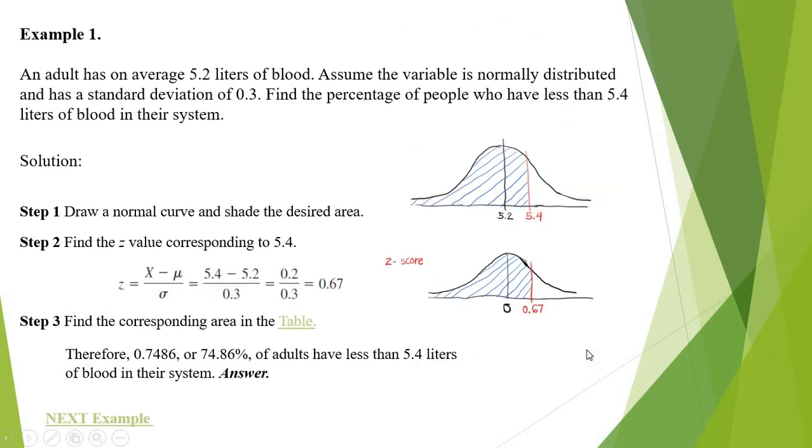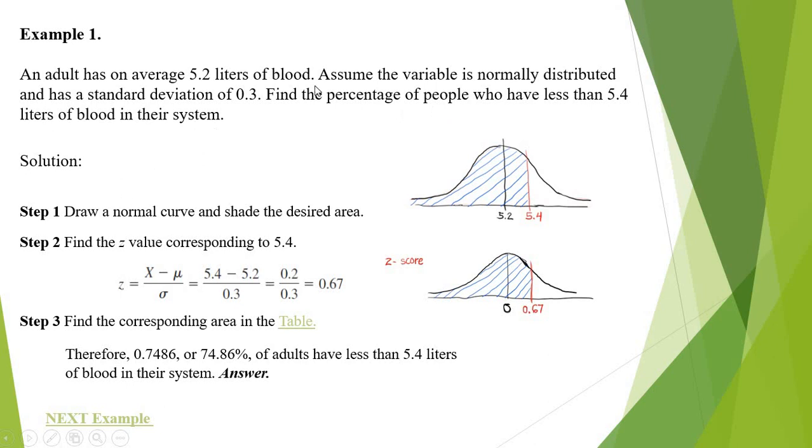Okay? So let us have an illustrative example. An adult has on average 5.2 liters of blood. Assume the variable is normally distributed and has a standard deviation of 0.3. Find the percentage of people who have less than 5.4 liters of blood in their system.